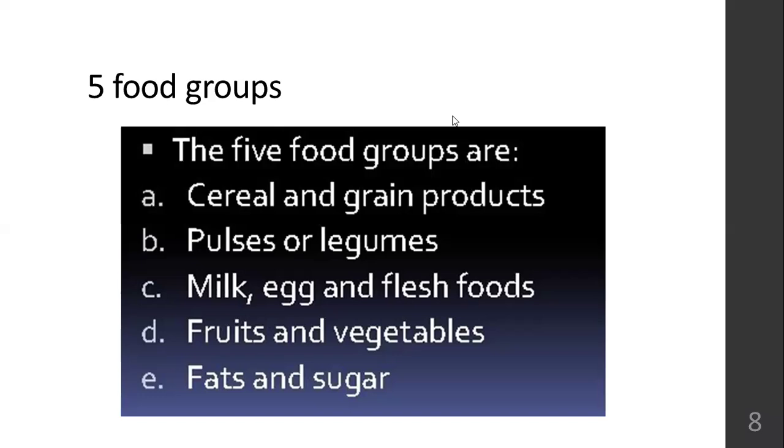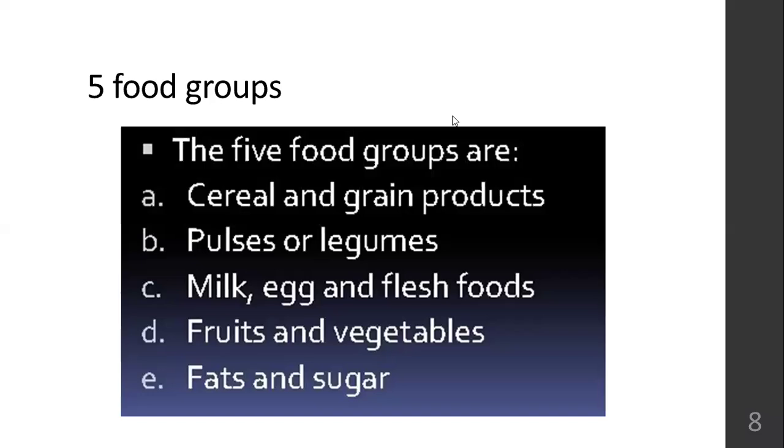They all come under cereals and grains. They are good sources of energy, some amount of protein, not much, lots of vitamins and minerals, iron, fiber as well. They have fat content as well.